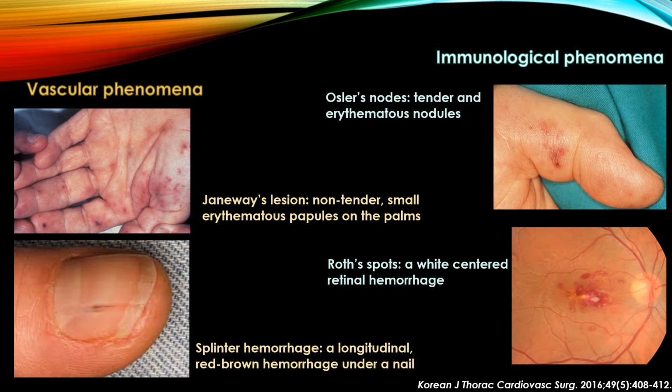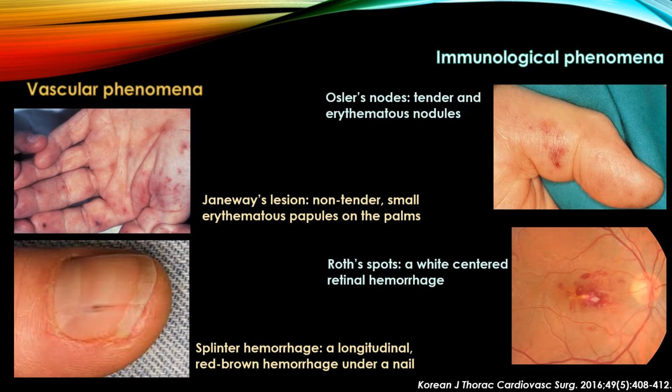And this is from the immunological phenomenon, while the Janeway lesion is called a vascular phenomenon. All three skin signs you can see on the skin of the patient, but Roth spots are white-centered retinal hemorrhages that you can see with an ophthalmoscope when inspecting the eye of the patient.